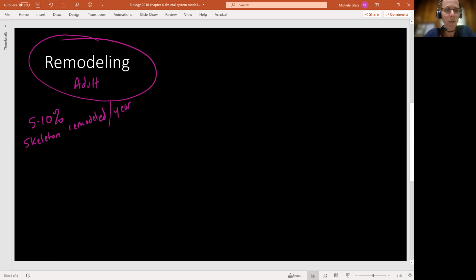So I may need to make a little correction to that. Check in with your text. Okay. And then beyond that, that's the standard baseline amount of remodeling that's happening in the adult. But beyond that, we'll see that remodeling is going to be important if there's been an injury or if there's changes in the body activity, such as exercise. We'll look at that together in just a minute.